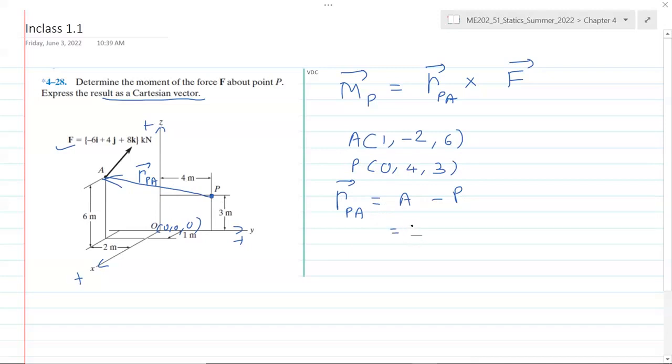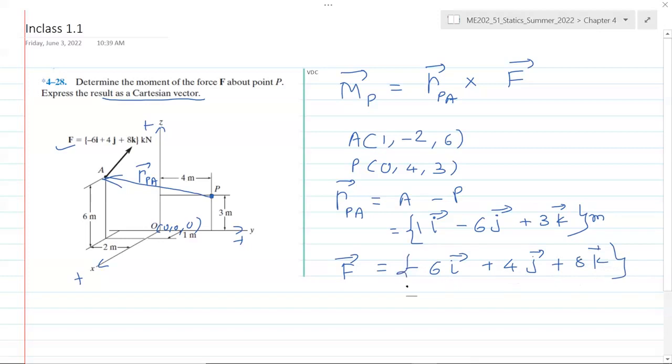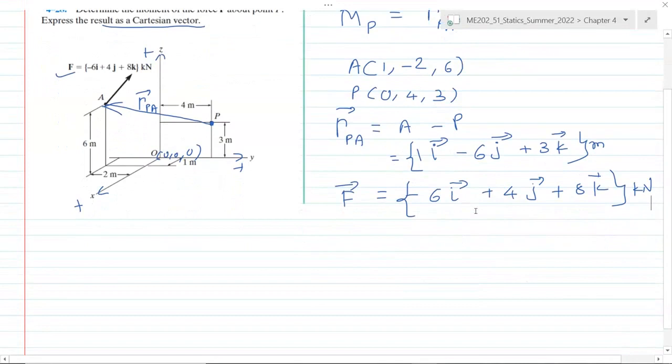So it's 1 minus 0 is 1, multiplied by i. -2 minus 4 is -6j, and 6 minus 3, 3k, and this is in meters. And we have been given F as -6i plus 4j plus 8k, and this is given in kilonewtons. So our final moment will be in kilonewton meters.